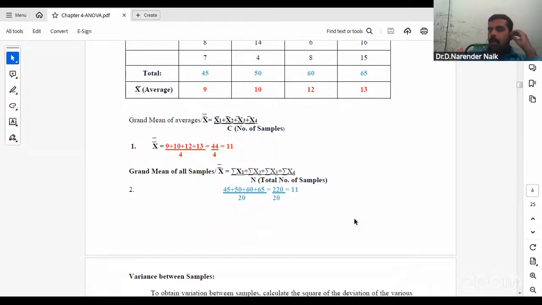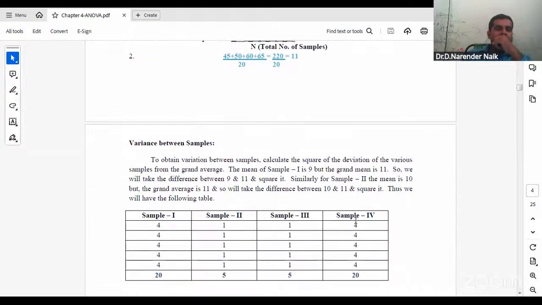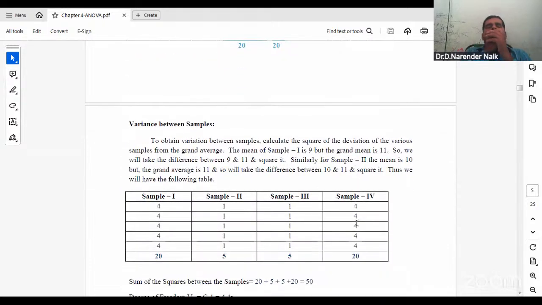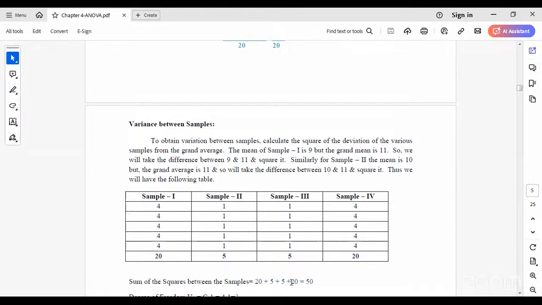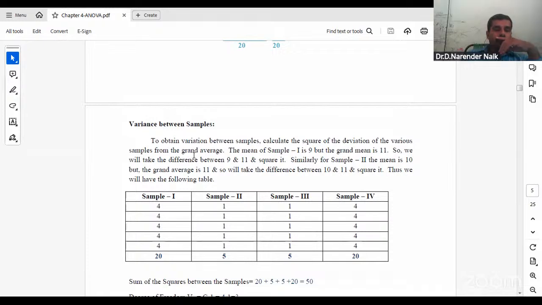That is, we need to find the SSC value. Variance between samples. To obtain the variation between samples, calculate the squares of the deviations of the various sample means from the grand average.